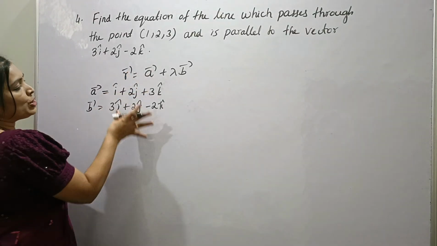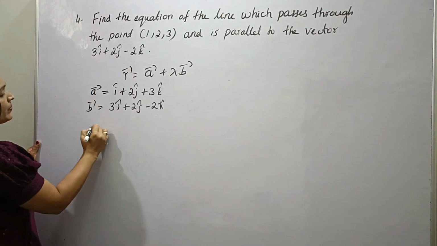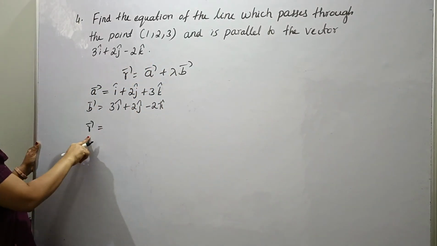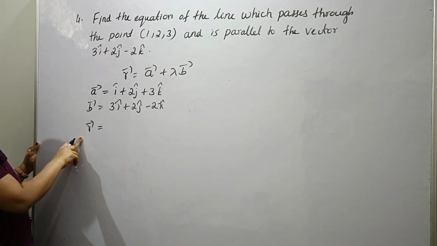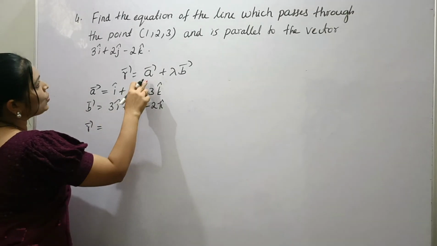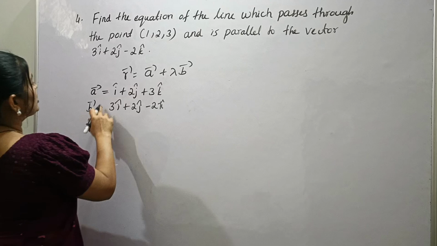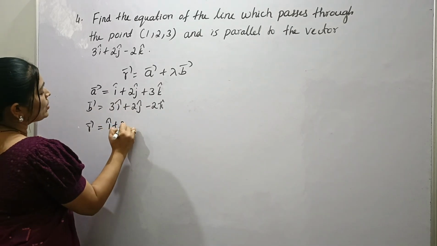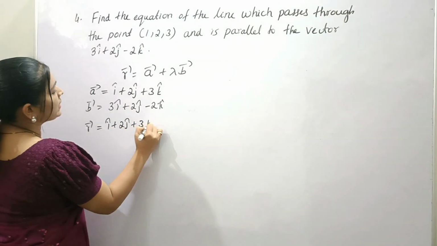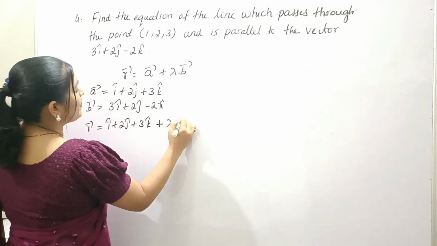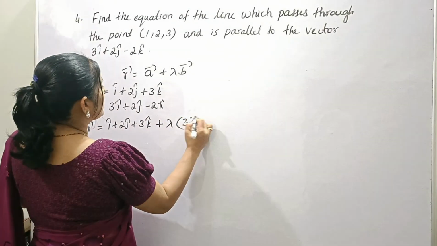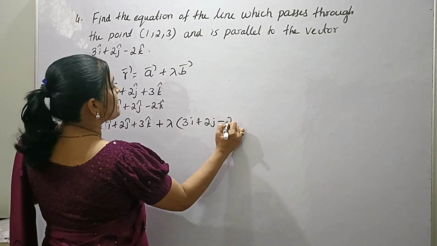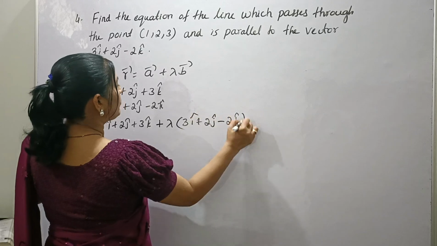Now let's substitute these vectors in this equation. Therefore, vector r, the equation of the line, is equal to vector a, that is i + 2j + 3k, plus lambda into (3i + 2j − 2k).